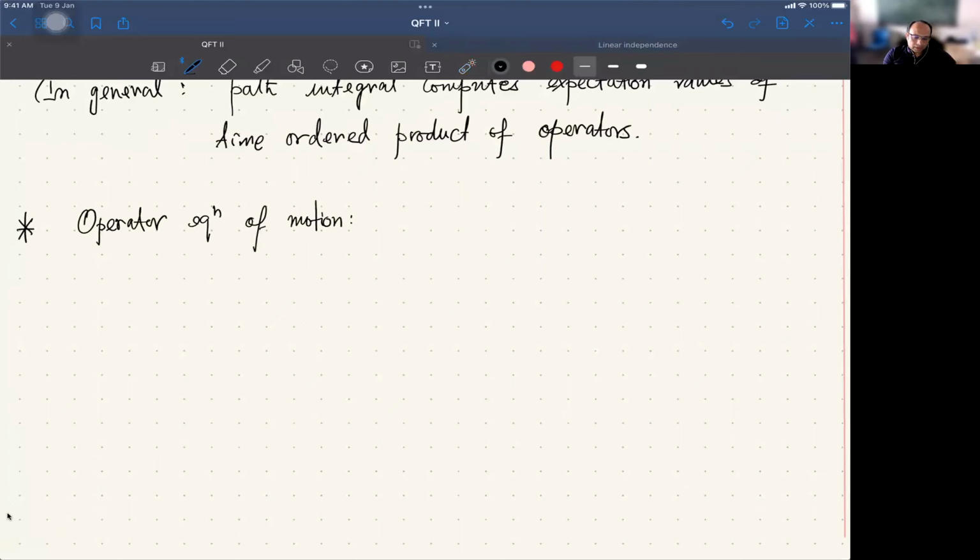In classical mechanics you have a classical equation of motion, and when you quantize, the equation of motion is described by what is called the Heisenberg equation of motion.